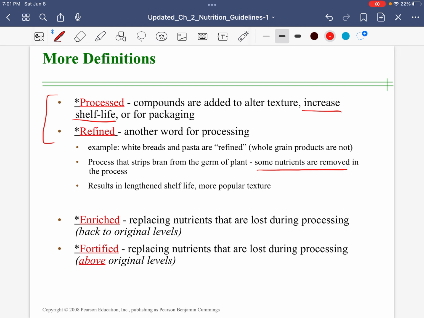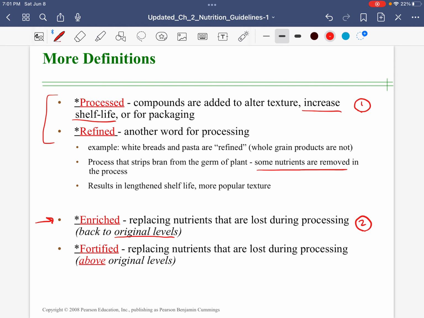Now, sometimes what these companies will do is they'll go back. They'll process it first to increase that shelf life, but then they'll add some nutrients back to original levels. That's an enriched product. And again, this wordplay is really something. If I see enriched, oh, that's better. No, it's not better.